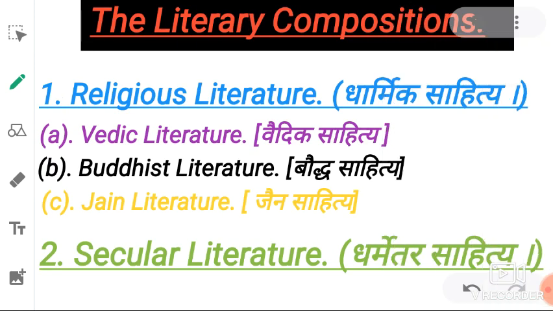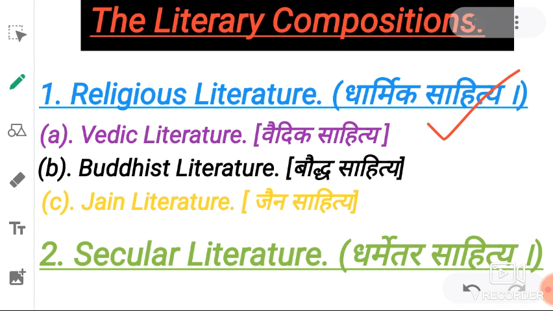The literary compositions are mainly of two types. First one is religious literature, dharmik sahitya. It has three parts.